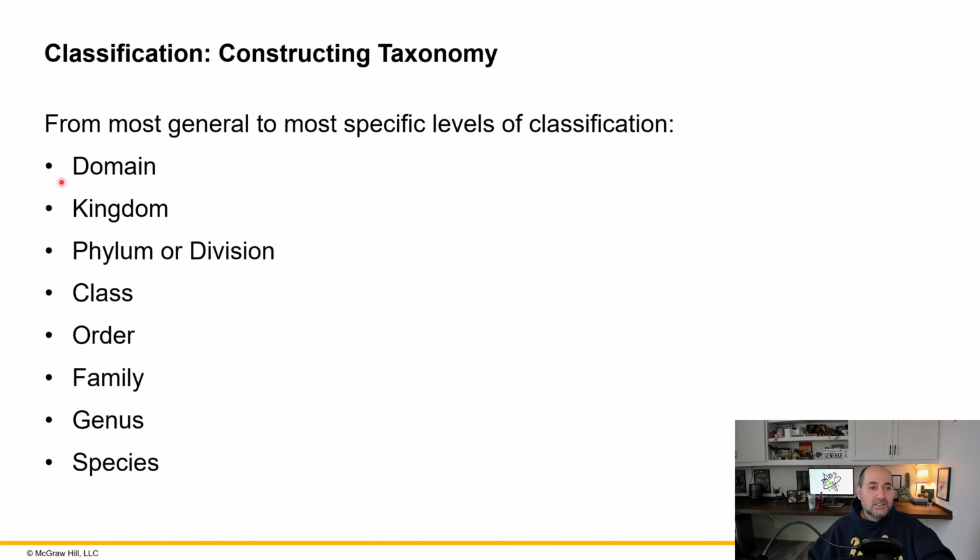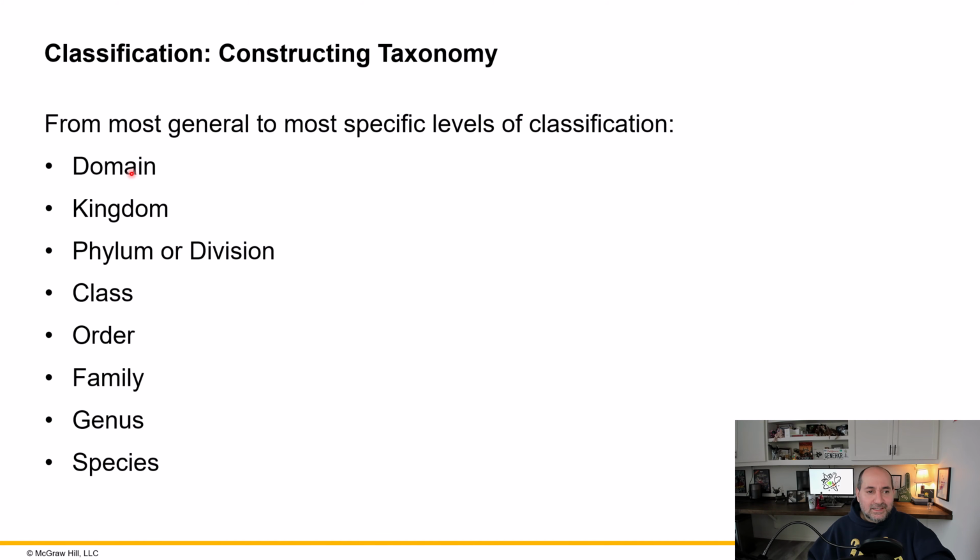Now, if you're in that domain, you could be subcategorized into a kingdom. So for example, let me give you an example. If we're talking about the domain Eukarya, well, the kingdom could be Animalia, or the animals, or the kingdom could be Plantae, which are the plants, or the kingdom could be fungi, the fungi, right? So you see what I'm saying?